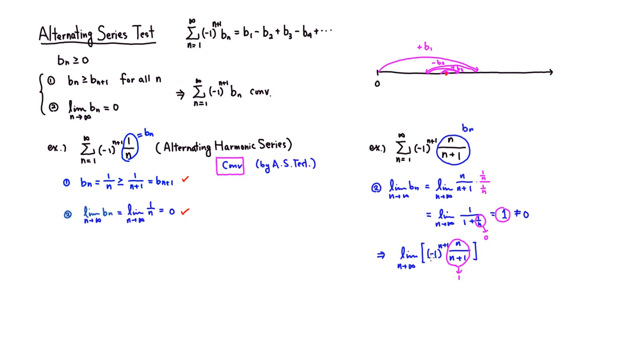It keeps oscillating between positive 1 and negative 1. So this limit does not exist, which means this series is divergent by the divergence test, because the limit of an has to equal 0 for the series to converge. By the divergence test, we know that this is divergent. All right, that's it.